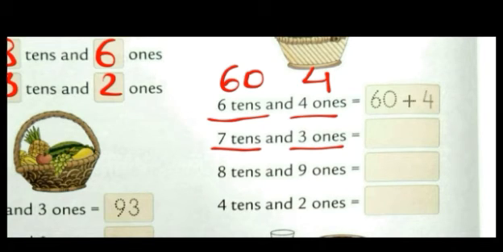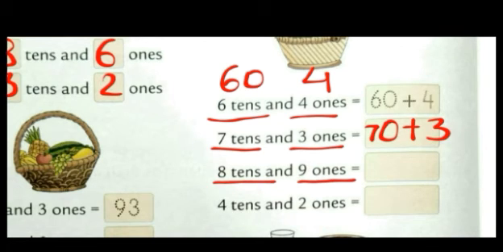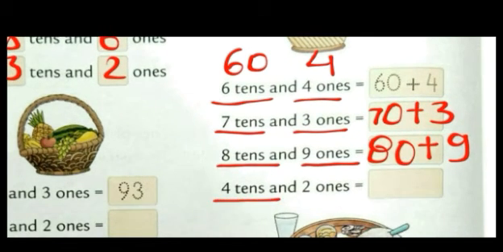So it will be written as 70 plus 3. See the next one, 8 tens, 9 ones. So it will be written as 80 in the tens plus how many in the ones? 9. Okay. Now see the last one, 4 tens, 2 ones. So 40 in the tens column and 2 in the ones column.